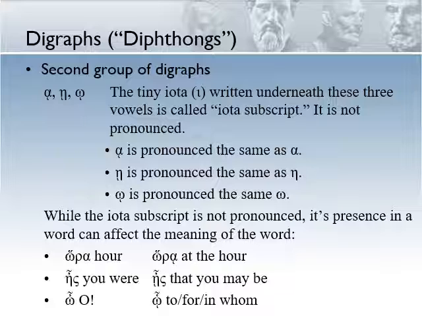Those are all legitimate ways of translating it, and it has an entirely different meaning when written with the iota subscript. So iota subscript is, again, one of these digraphs. It's a vowel and the letter iota written together, and the iota is simply not pronounced, but it does have importance for the meaning of the word.